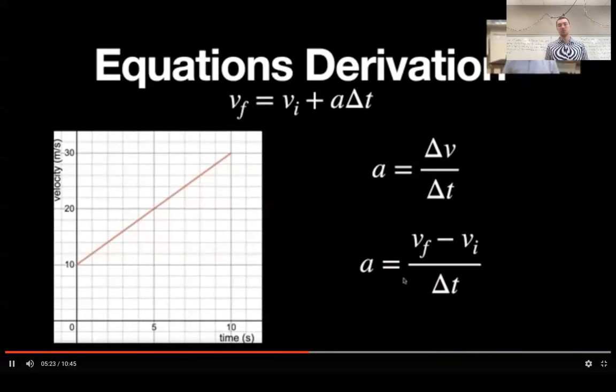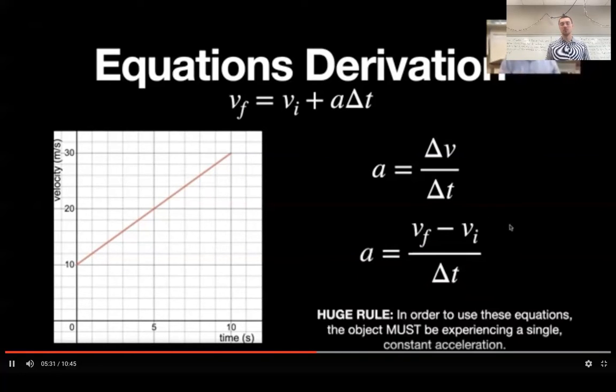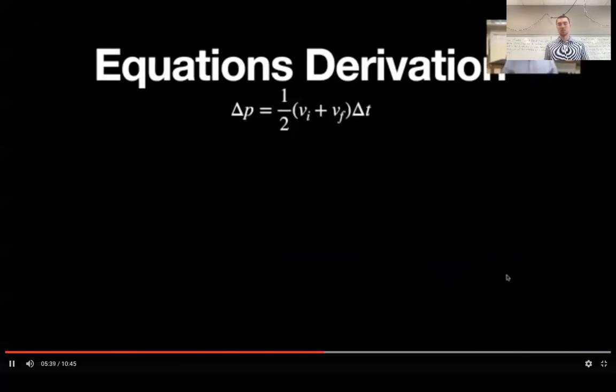So this one just came from the definition of acceleration as the slope of a velocity versus time graph, rise over run. And don't forget the huge rule: in order to use any of these equations, it must be experiencing a single constant acceleration.